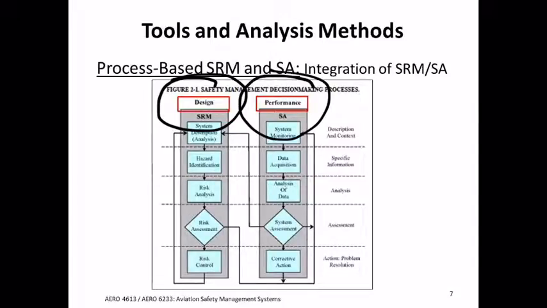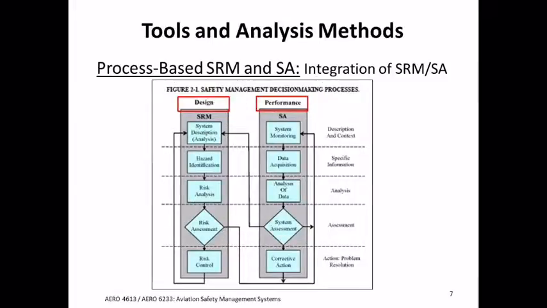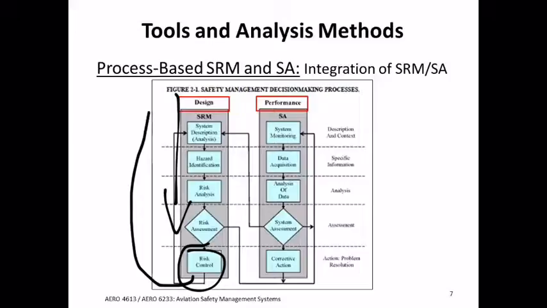If the SRM process indicates risk is acceptable, it goes to the SA component for monitoring, and it goes right on up to the top, goes to the SA component for monitoring. If, however, the SRM process indicates that risk is unacceptable and needs further control, those controls are implemented and the SRM process runs again until the risk level is acceptable, which means as low as reasonably practical.